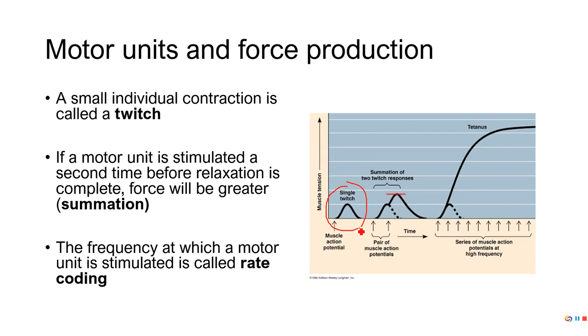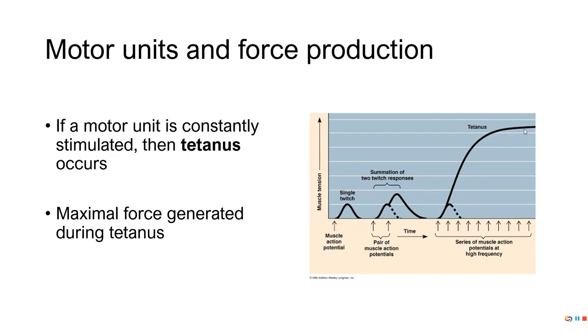Now, if we stimulate the muscle often enough or at a high enough frequency, what will end up happening is that we experience something called tetanus. If a muscle or a motor unit is constantly stimulated, tetanus occurs, and it's a weird thing. We don't have the equipment here, but at Oregon we did, where we could just put a bar electrode on the radial nerve, and it would cause tetanus.